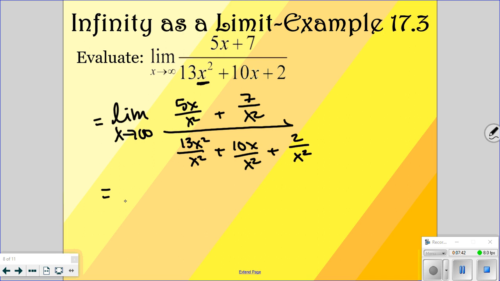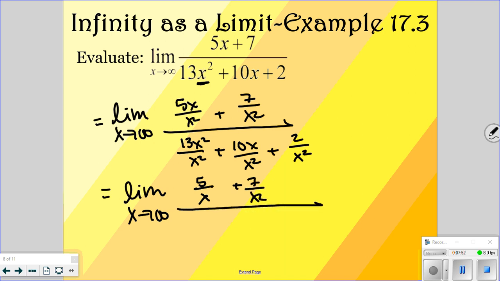And then you simplify them. So this first one is going to be 5 over x, and then 7 over x squared. And then we're going to have 13 plus 10 over x plus 2 over x squared.